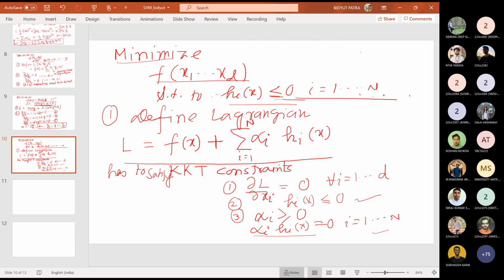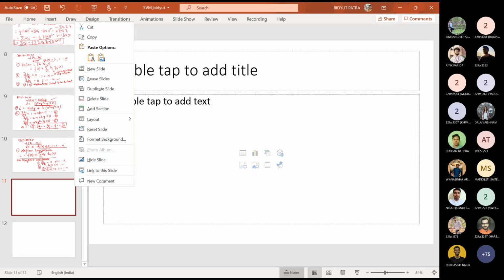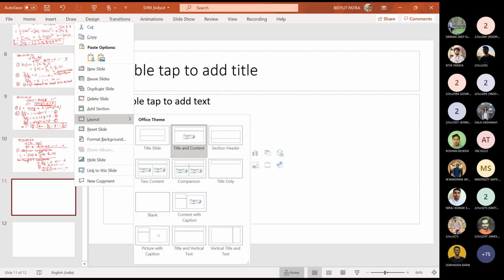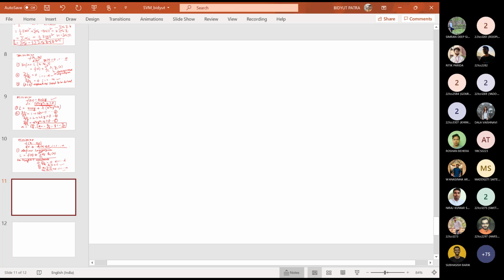So we have an example here also, but again it will take a huge amount of time to show you. So one example I can show you of how this can be solved.